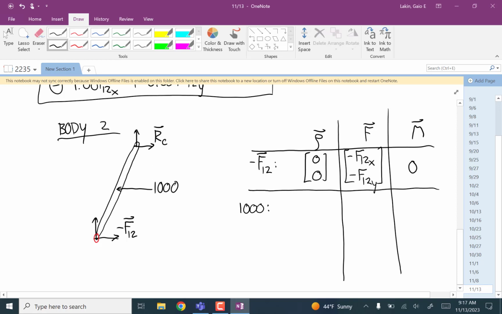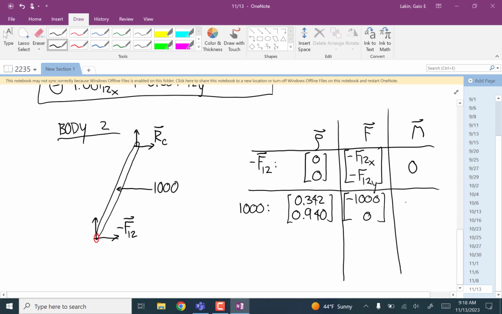The 1,000, the length of this whole thing is 2 meters, so it's 1 meter from the about point to the 1,000. So that row vector is 0.342, 0.940. The force is negative 1,000, 0.